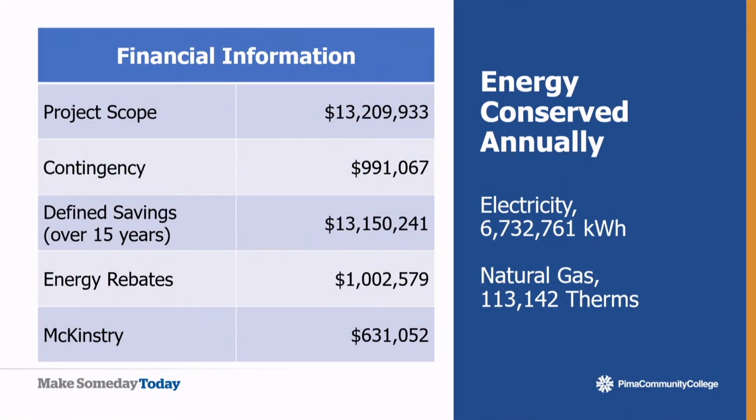All right, so in looking at the financial information, as was mentioned earlier, the core scope of this project was $13,209,933, and that was including all of the energy conservation measures as well as the virtual living learning lab. So there was the contingency factor of $991,067, making the total approval amount $14.2 million, as had been discussed.